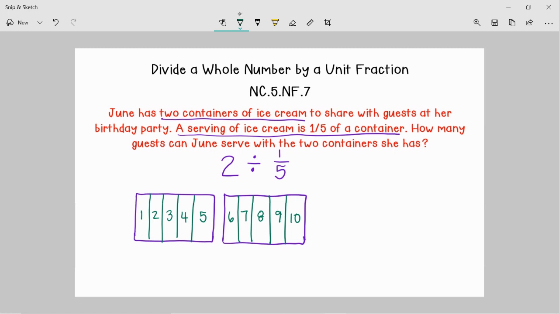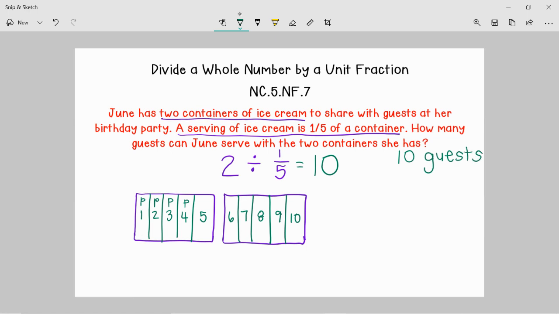And so we see that we actually have 10 servings that are 1/5 of a container. So we can look at this as person 1, person 2, person 3, person 4, and so on. So we can see that 2 divided by 1/5 is 10. And to answer the word problem, we could say that June could serve 10 guests.